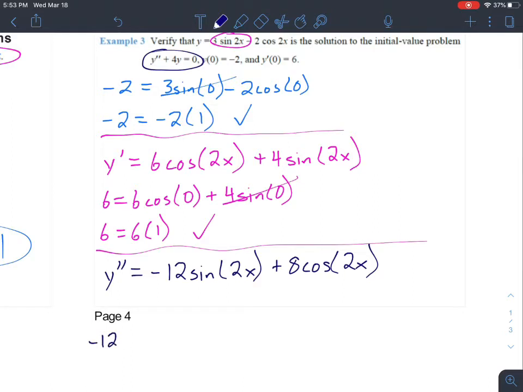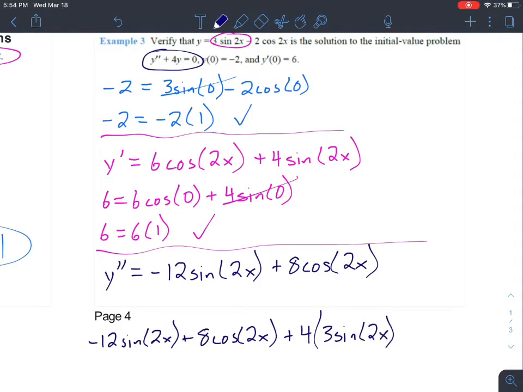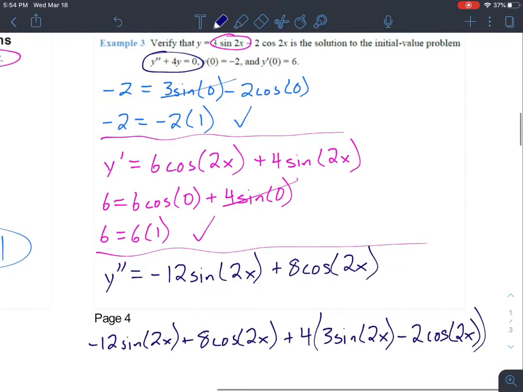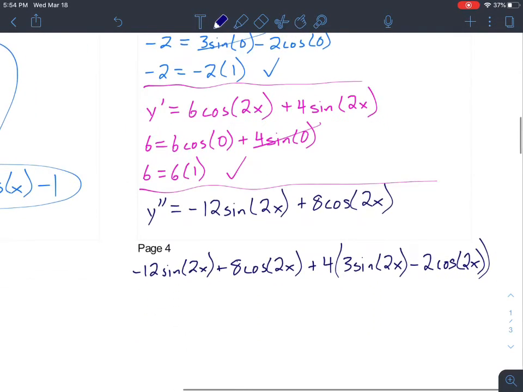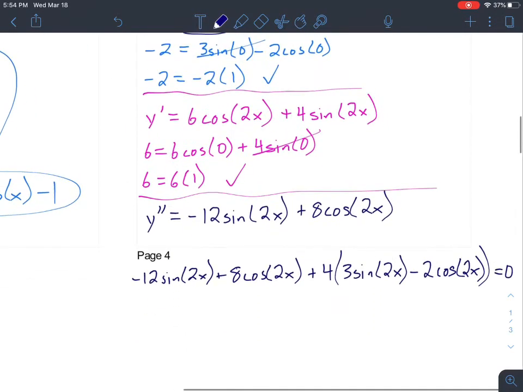So we're going to have negative 12 sine of 2x plus 8 cosine of 2x. And then for the second part, it was 4 times the original function, 3 sine of 2x minus 2 cosine of 2x. And then that's supposed to be equal to 0.